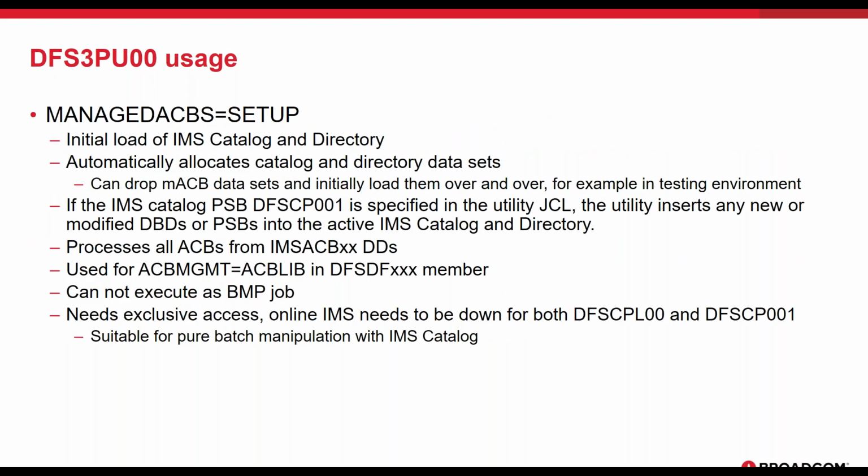Okay, so here is the first usage of the utility with the simplest option, which is managed ACBs equals setup. This option allows you to do the initial load of your IMS catalog and directory. If you've seen the previous presentations, I've been using it already. It allows you as well to automatically allocate the catalog and directory data sets on disk.